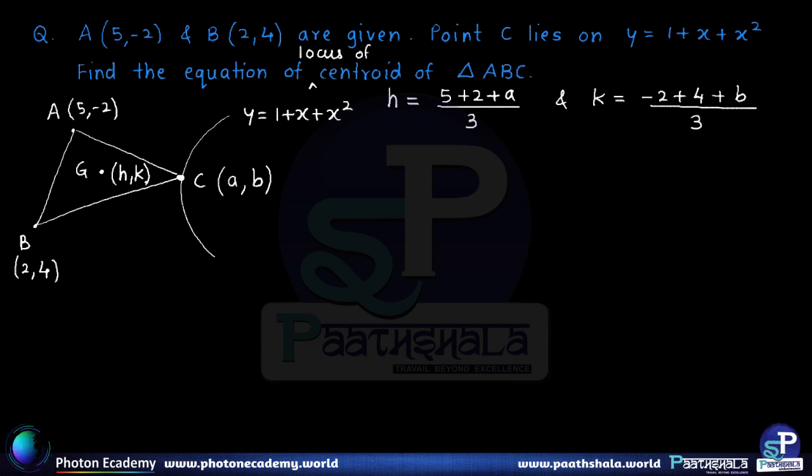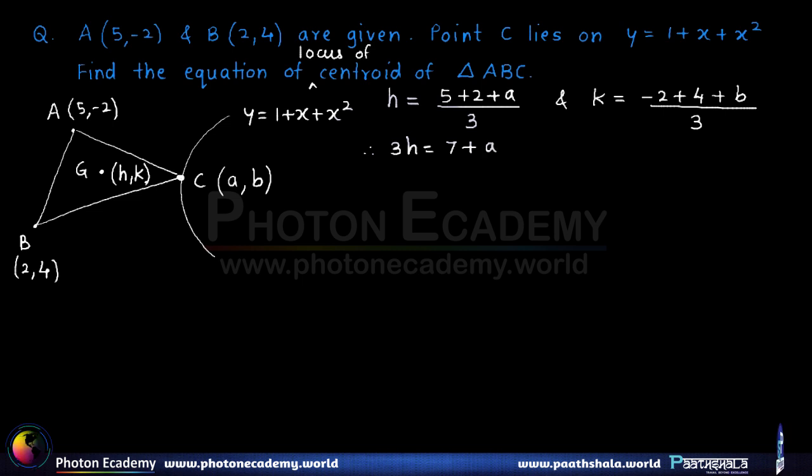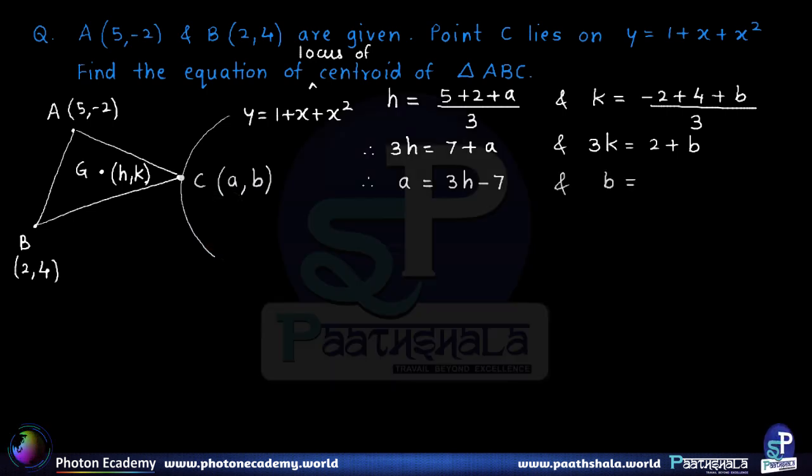So this gives us 3h = 7 + a and 3k = 2 + b. Or if we want to write a in terms of h, then that is a = 3h - 7 and b = 3k - 2.